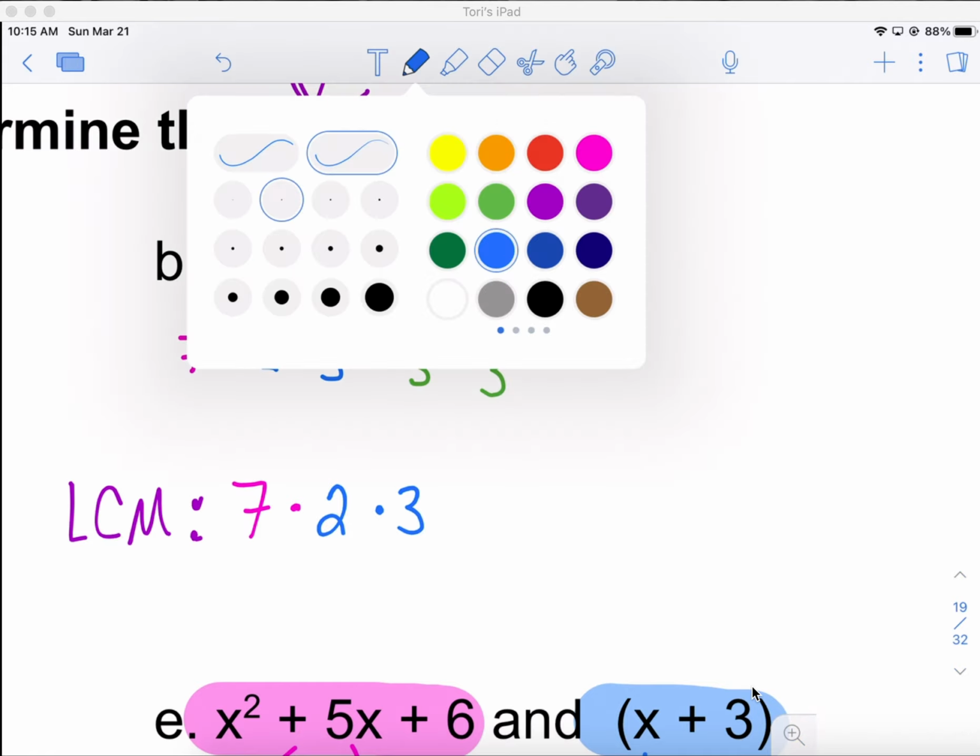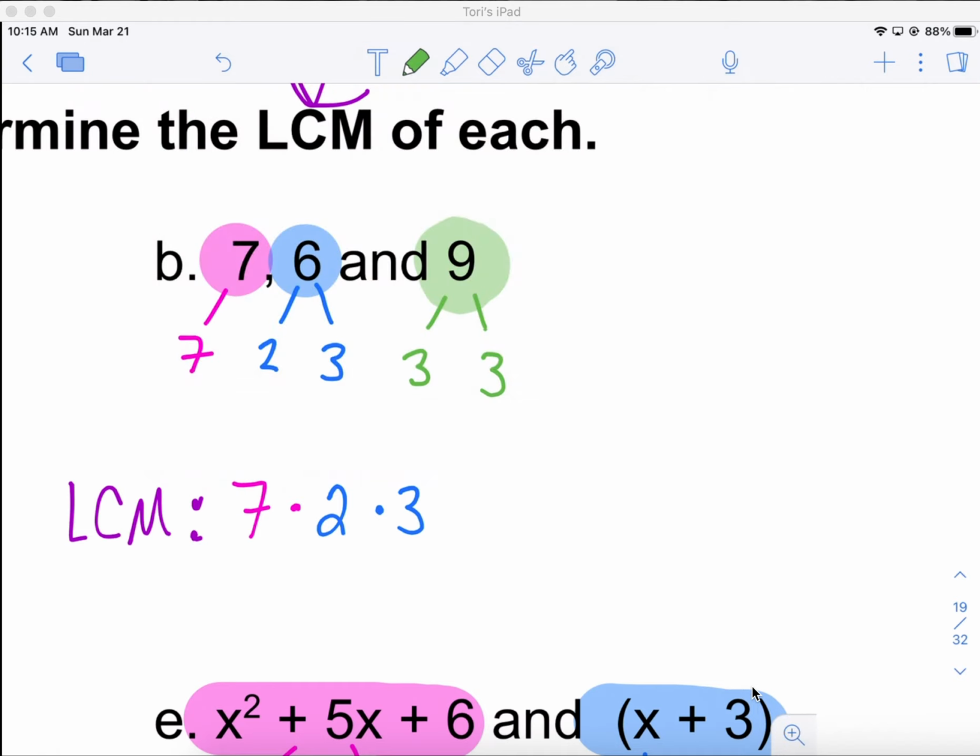And then anything additional that I need to make the green. I already have one 3, I just need the other 3. If I multiply that all together, 2 times 7 is 14, and 14 times 9 should give us 126. Therefore, my least common multiple is 126.